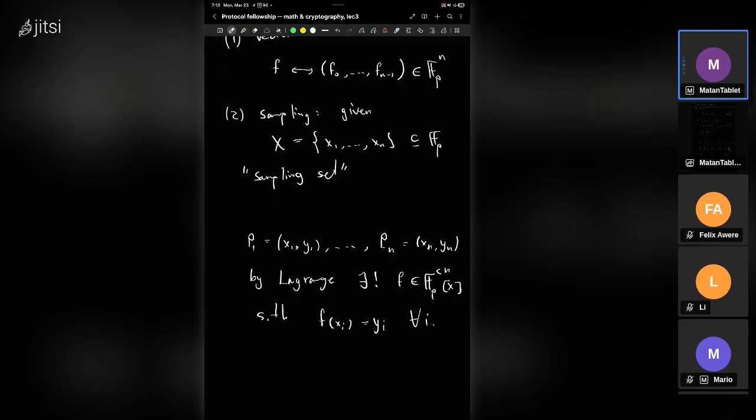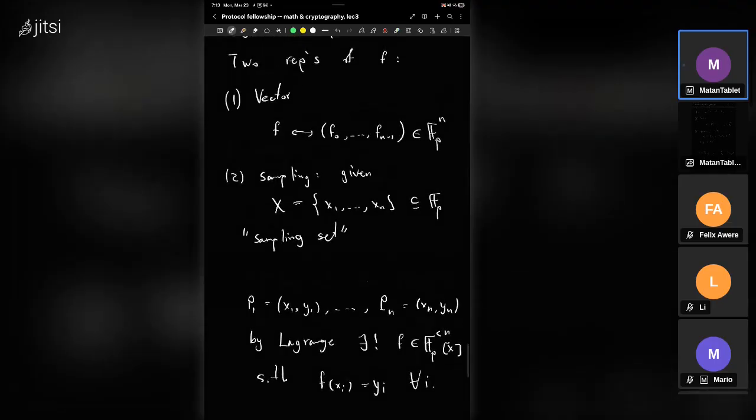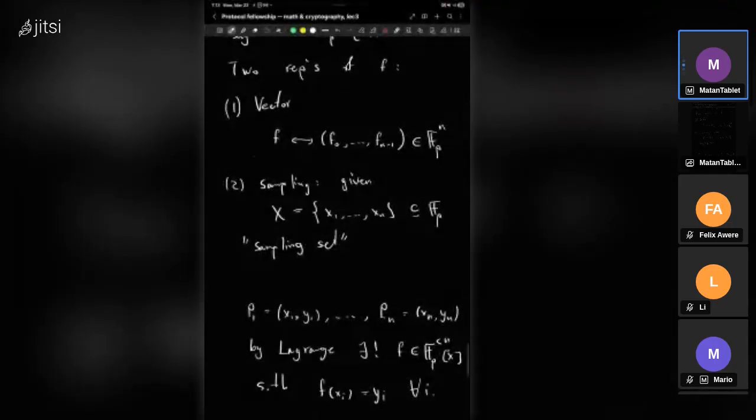Okay, so we have these two possible representations of a polynomial f.